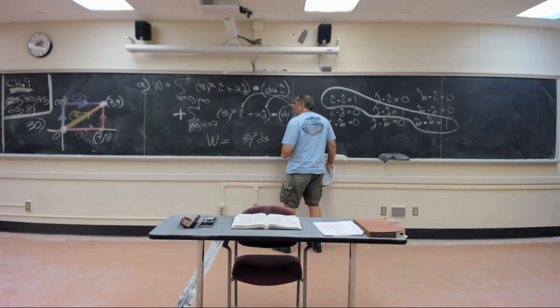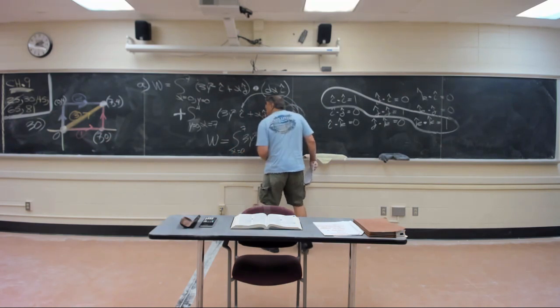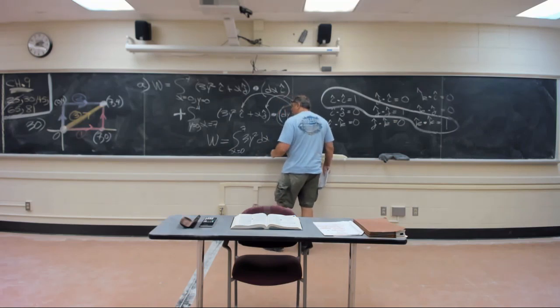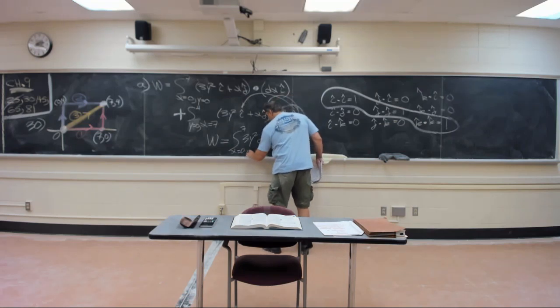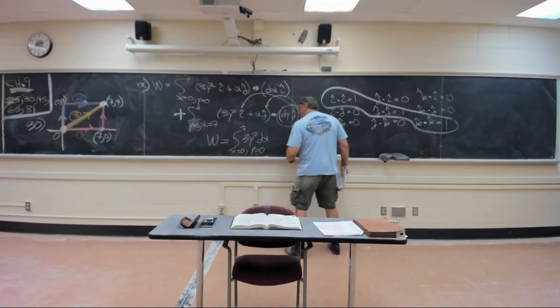That's the integral from x equals 0 to 7. They're telling me y equals 0. That's pretty significant. We'll cross that bridge in a little bit.